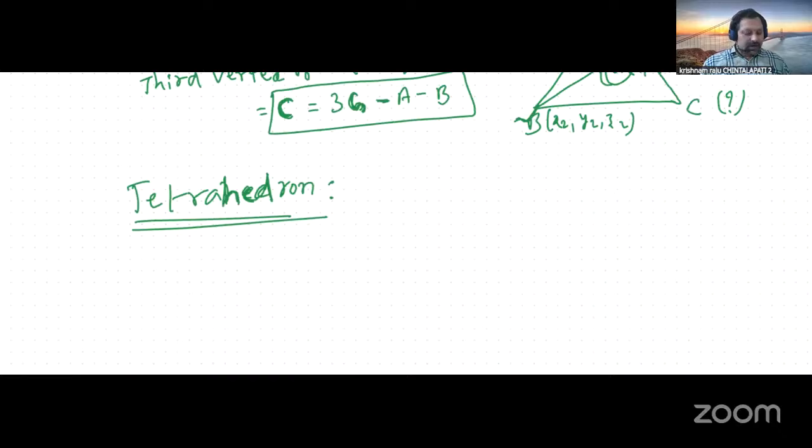So tetrahedron is nothing but a closed figure formed by the 4 planes.